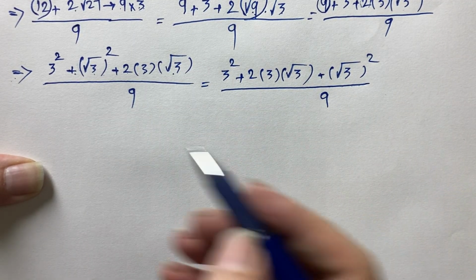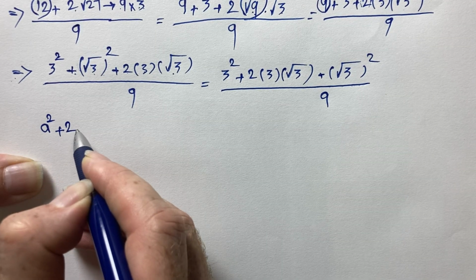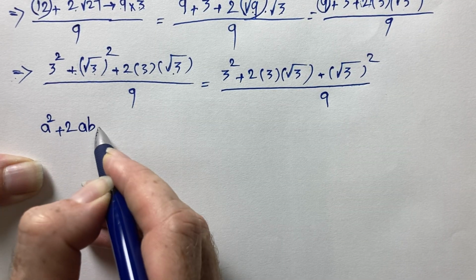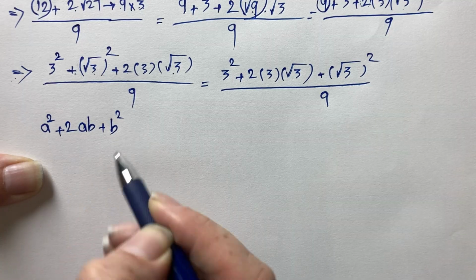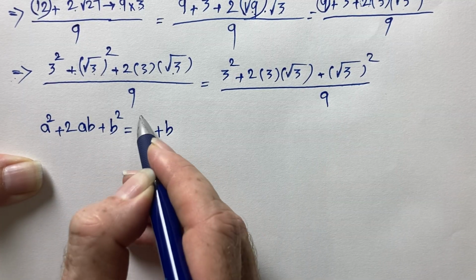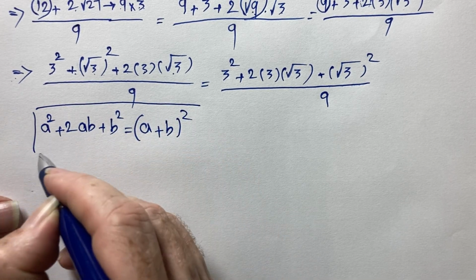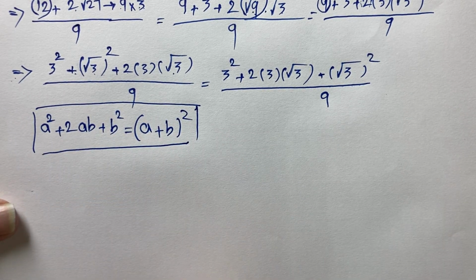What is this? This is in the form of first term squared plus twice of the product of the first term and second term plus second term squared. What is this? This is first term plus second term, all of it squared, right? Now we are going to use this to continue the solution. How?